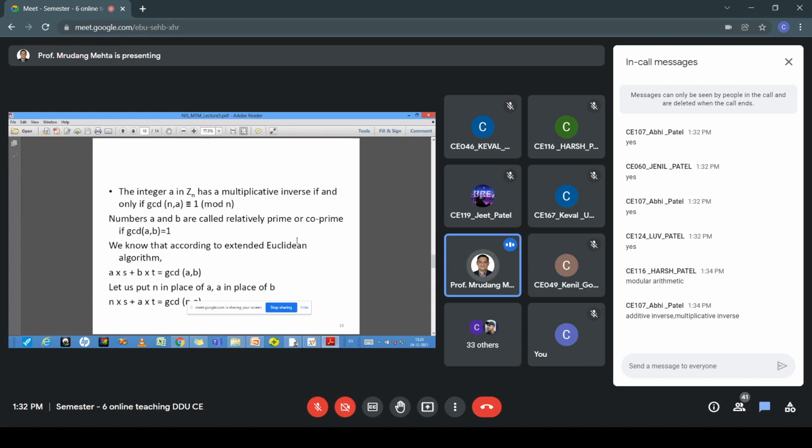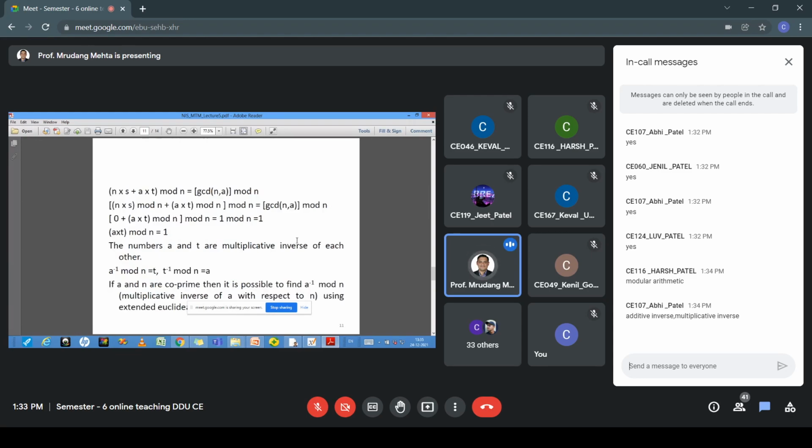We had seen the theoretical proof that an integer a in Zn has a multiplicative inverse if and only if the GCD of n and a is 1. We saw that a inverse mod n is equal to t and t inverse mod n is equal to a. So a and t are multiplicative inverses of each other.